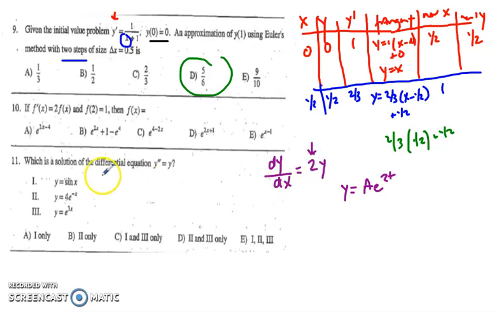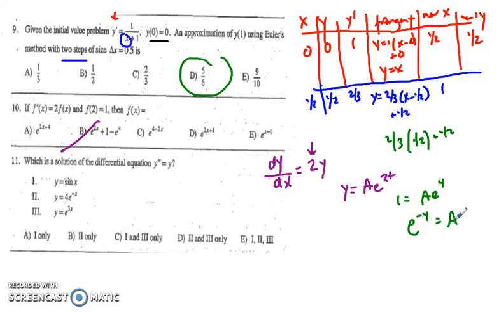So that gives me, well, I can get rid of b, so let's just get rid of b here. And then let's plug in the point f of 2 equals 1. So I'll have 1 equals a e to the 4th, and I need to solve for a, so I'll divide by e to the 4th, or multiply by e to the negative 4th.